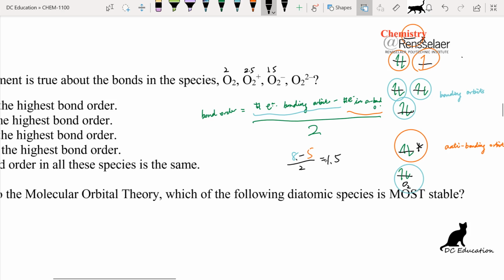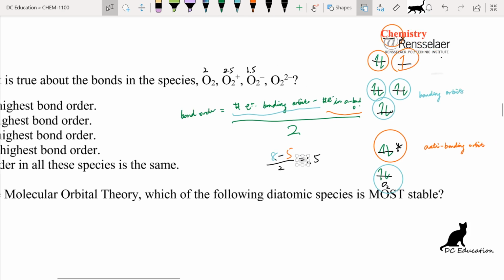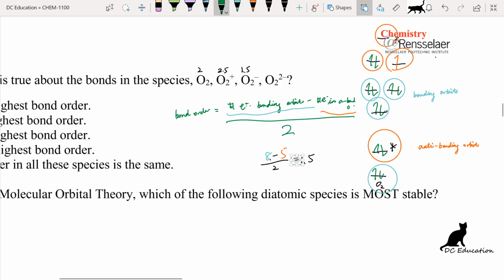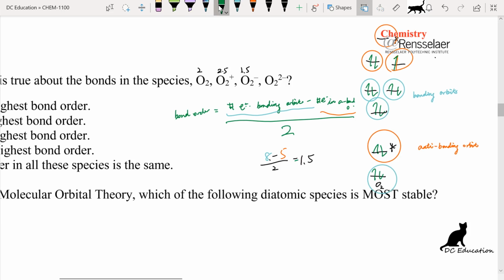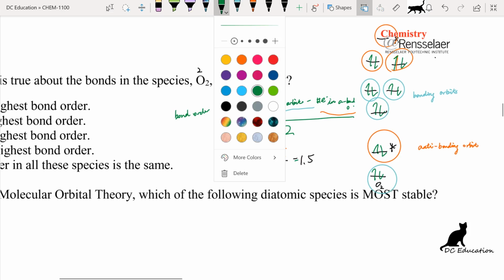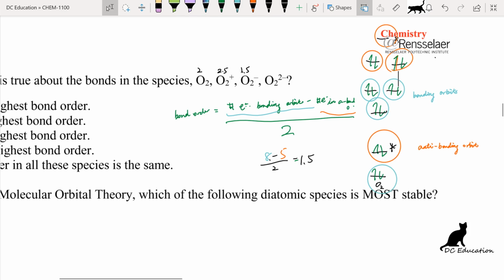And for oxygen 2 negative, it's just adding one more electron to the diagram. So it's going to be 8 minus 6 divided by 2, and that gives us 1.